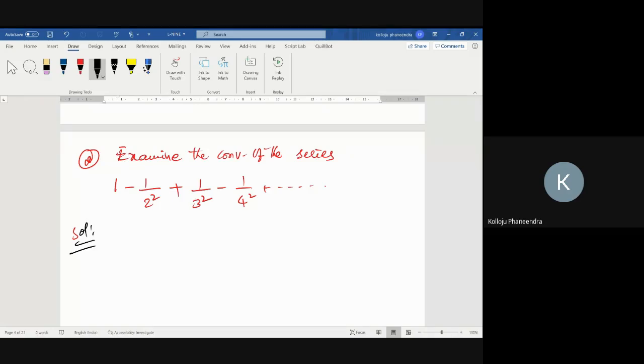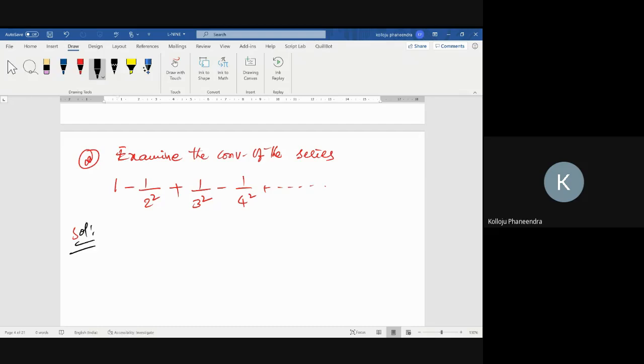Now you can check by using Leibniz rule. Now I am avoiding Leibniz rule and directly considering whether the positive term series is convergent or not. First thing, whenever an alternate series is given, first you apply the Leibniz test. If it is not convergent, then leave it. Don't say it is divergent or oscillating. It is not convergent. That's it.